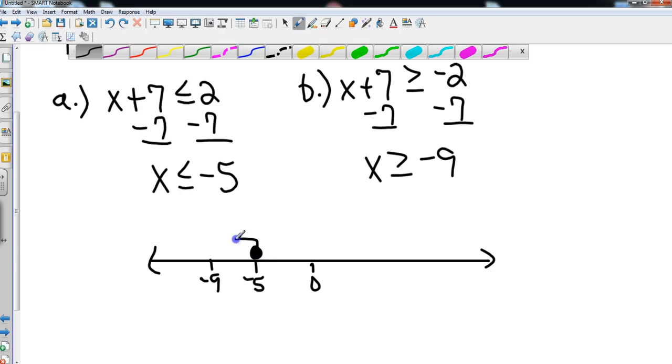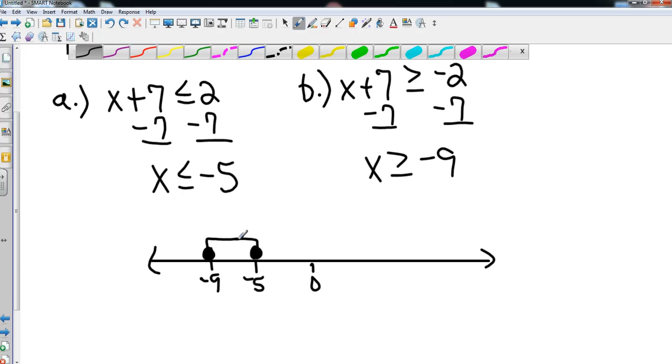And I'm just going to go a little ways because these might meet in the middle. And you notice the right one is x is greater than or equal to negative 9. So again, that's a closed circle, and it is greater than, so they are going to meet in the middle. So x is less than or equal to negative 5, and x is greater than or equal to negative 9.